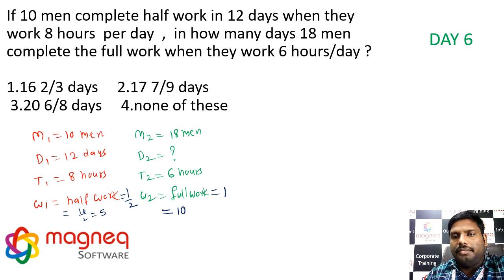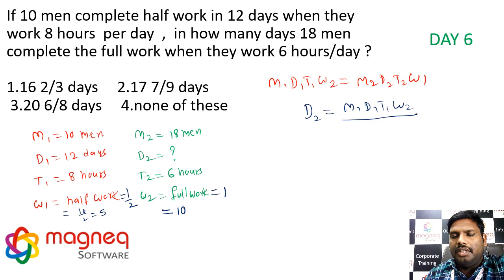Now the formula: M1 D1 T1 W2 equals M2 D2 T2 W1. We have to find out the D2 value. So D2 equals M1 D1 T1 W2 by M2 T2 W1.